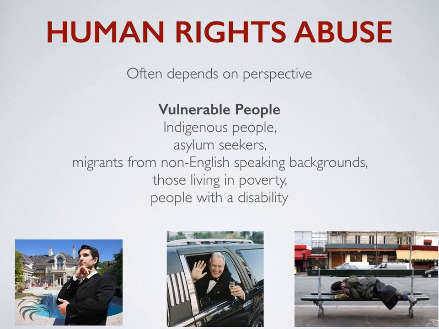Your rights probably don't get abused very often. If you're a vulnerable person, such as a minority, an Indigenous person, a migrant from a non-English speaking background, a person with a disability, then you'll probably see that there are significant human rights abuses. Probably not the same as some other countries, but certainly there are human rights abuses in Australia.